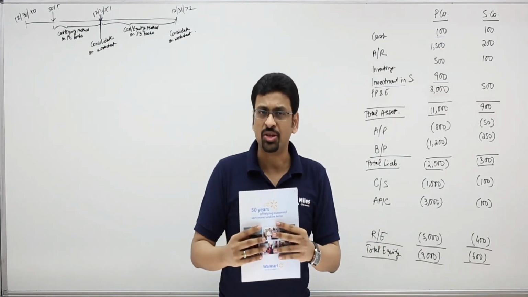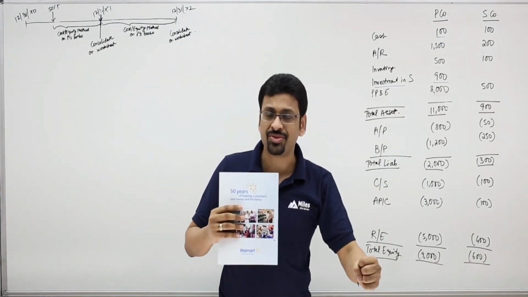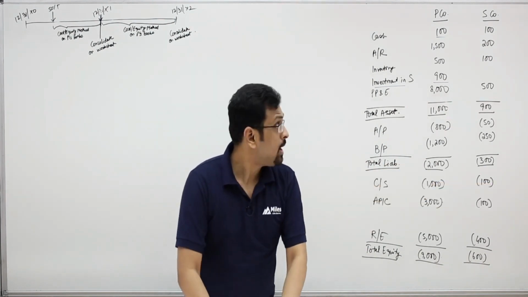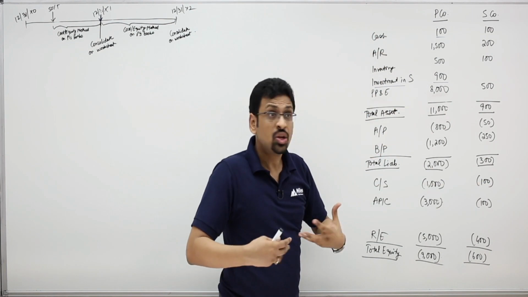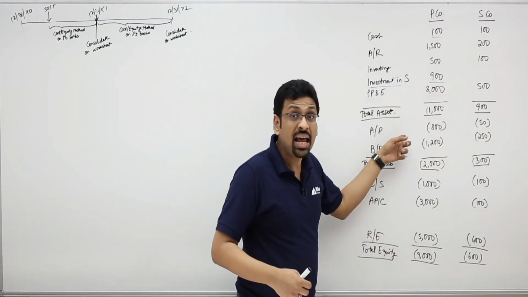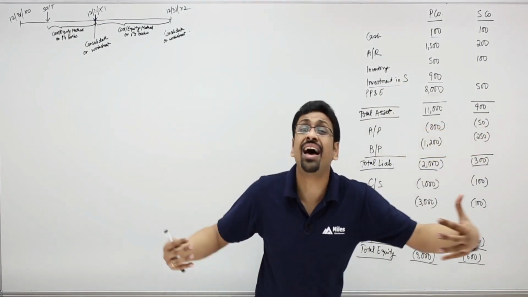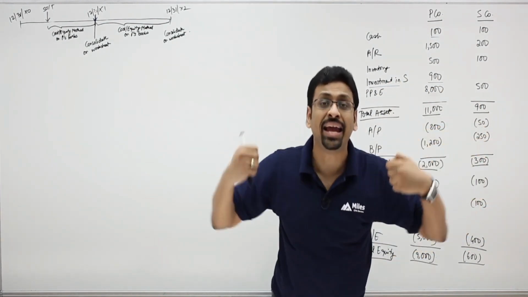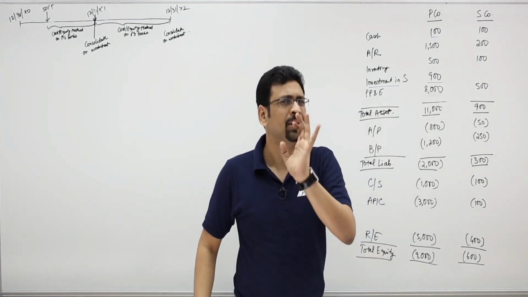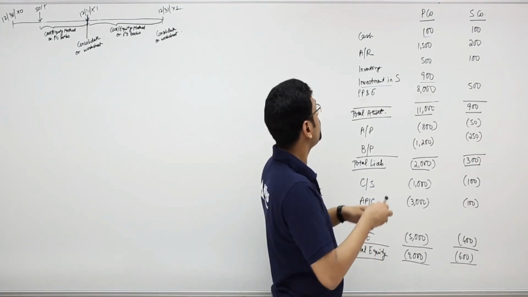So consolidation means parent plus sub. The parent is going to say, my assets, your assets, it's our assets now. My liabilities, your liabilities, it's our liabilities now. We are one entity. That is all about consolidation. Simple and easy. So let's start doing that.